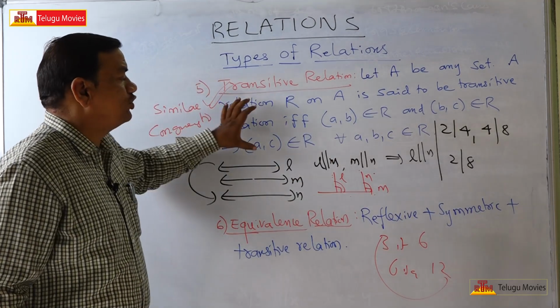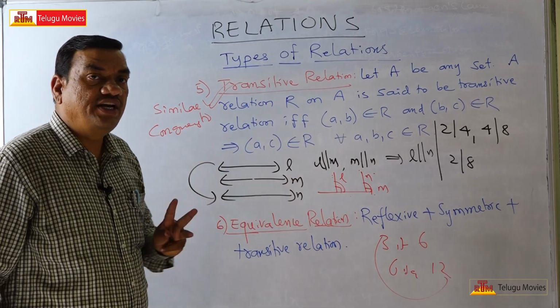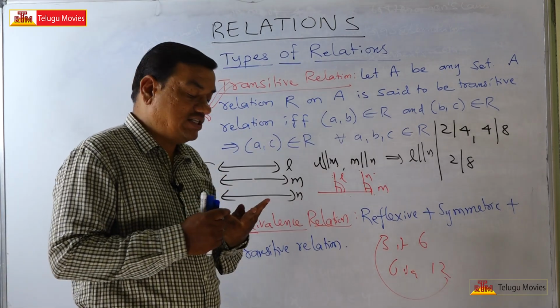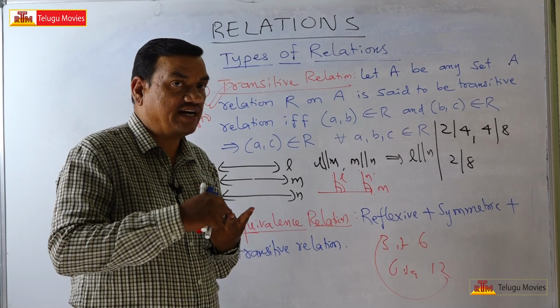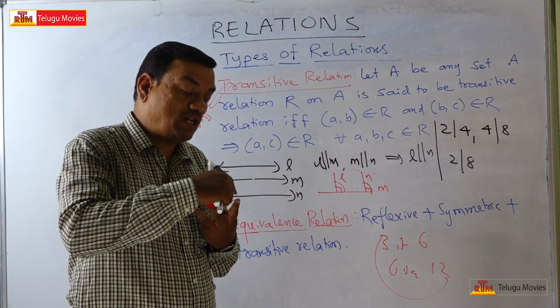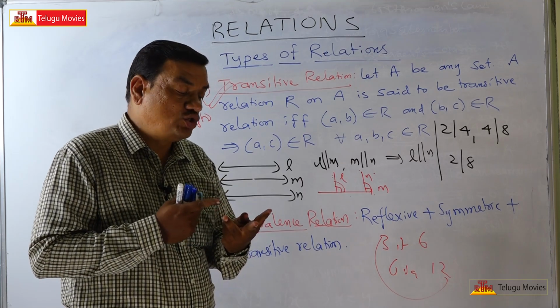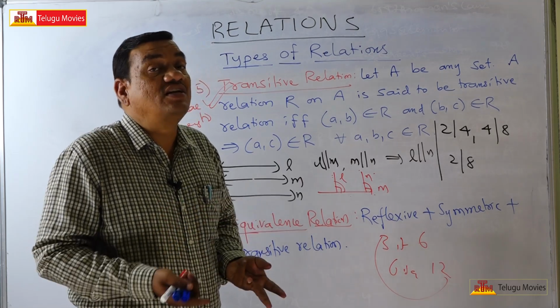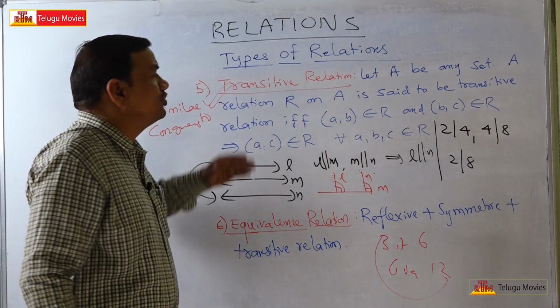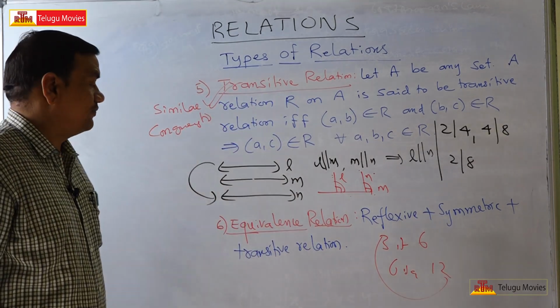You see the relation between the first and the second one, and the second one and the third one also maintain the same relation. If the same relation is maintained from A to C, then only we call it a transitive relation, otherwise it is not a transitive relation, right?